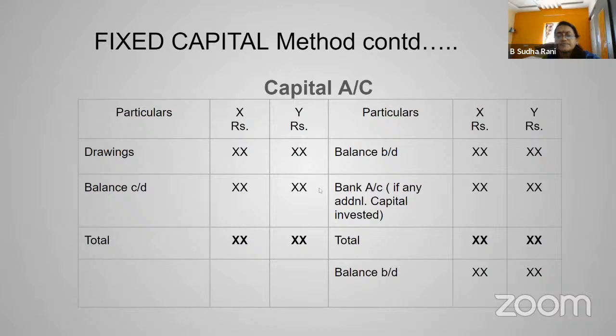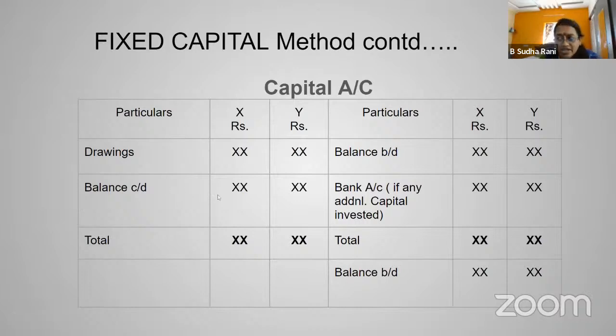The next, these drawings. We will show them in the capital account only if it is specified that the drawings are made out of capital. If it is specified that drawings are made out of capital, then only we take drawings in the capital account.